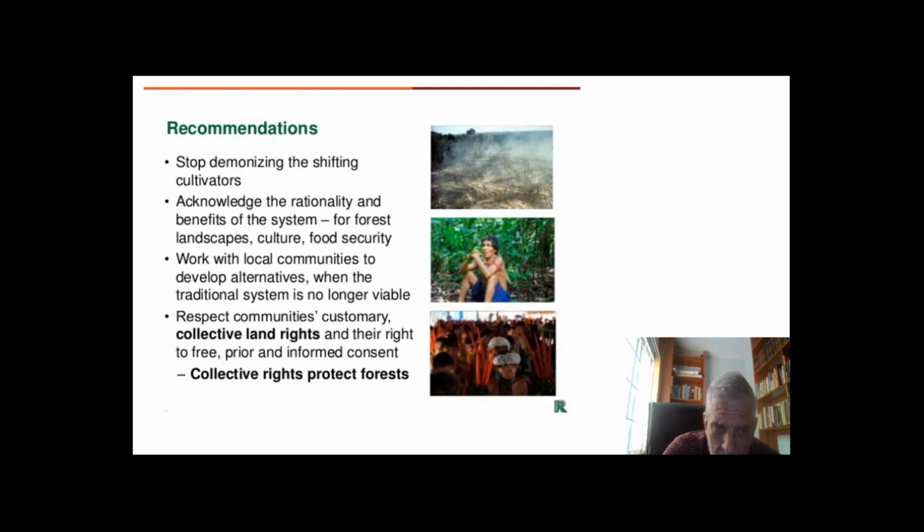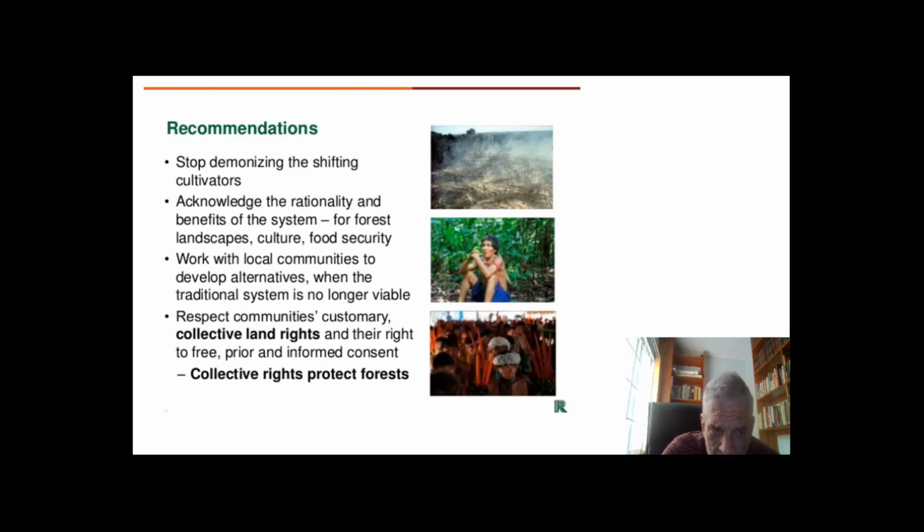They should work with the indigenous people rather than trying to change them, and respect communities' customary collective land rights. I suppose that's important for these indigenous people.